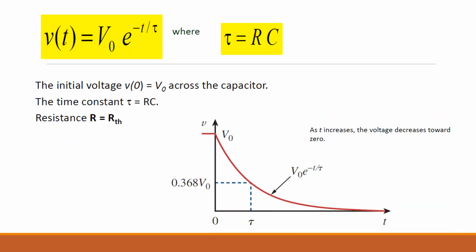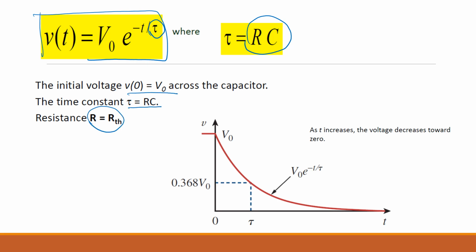We can also write this equation with a tau. Tau means RC for RC circuits. So the initial voltage is V naught and tau is RC, and when you have many resistors, you need to find the Thevenin resistor, which will be your R here.